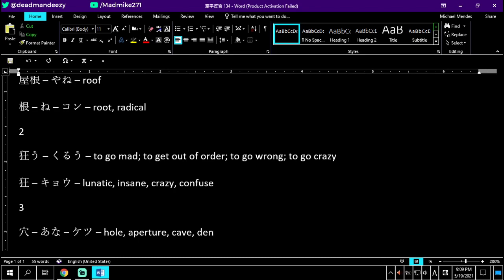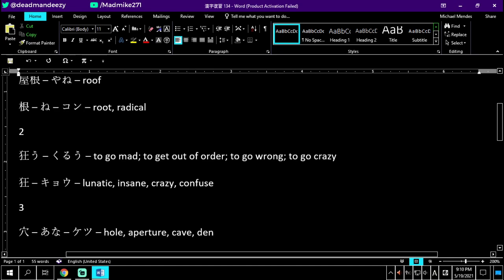You see this radical inside other kanji that we've already done, like suku, to get hungry or to grow empty, where it was a hole over the radical for e. But this radical itself is a hole. It's a roof with 2 legs. Or I like to think of it as a perspective view, a hole looking down onto a roof.